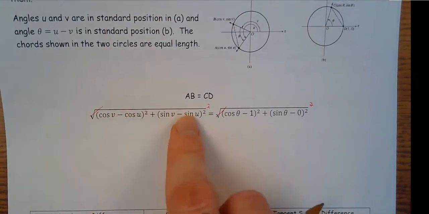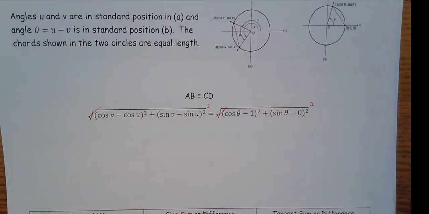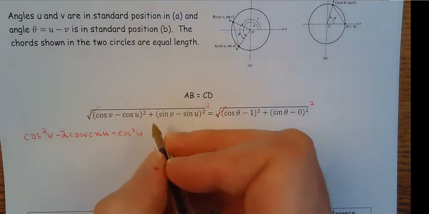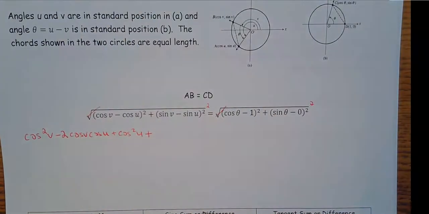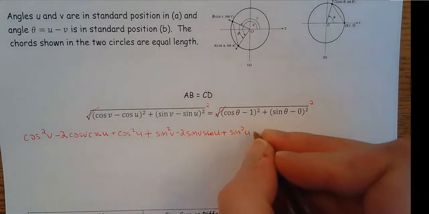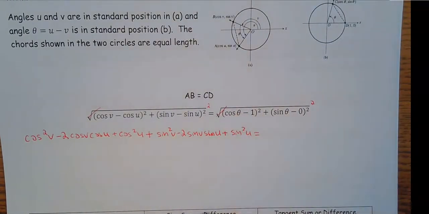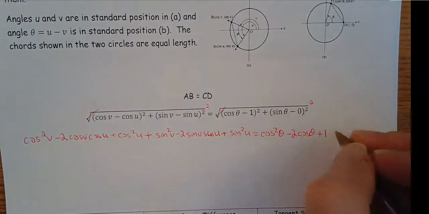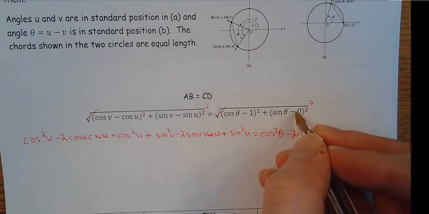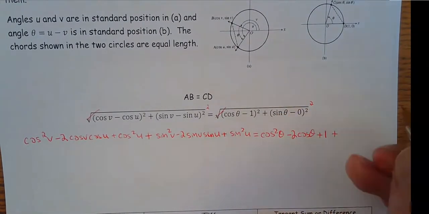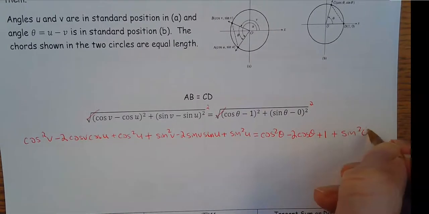Now I'm going to square both of these with an addition between them. So this is the first one squared plus the second one squared. On the right side, same thing, square this guy, and then plus this, and since it's sine theta minus 0, that's just sine theta. Sine theta squared is sine squared theta.